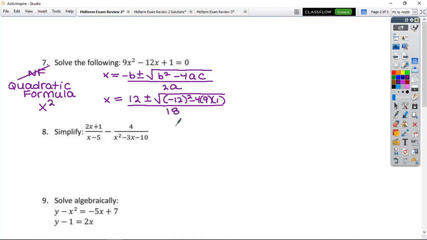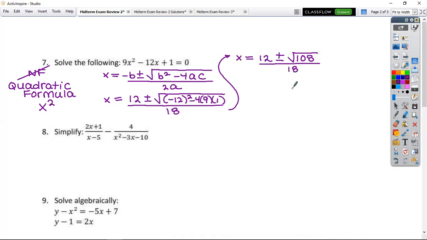At this point, you're probably going to need a calculator. And you're going to go 144 minus 4 times 9 times 1. I got 108 from that discriminant. So x is equal to 12 plus or minus the square root of 108 over 18.